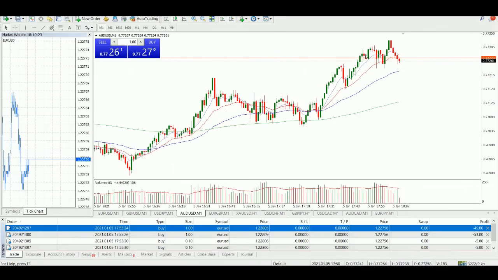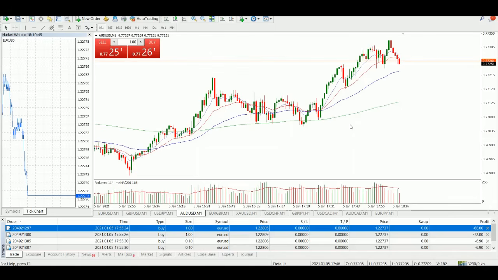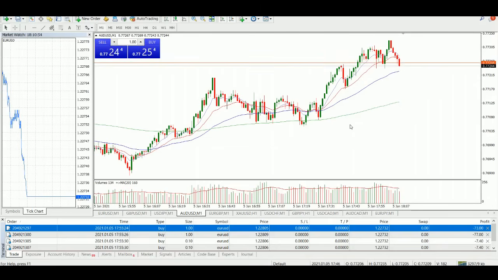AUD dollar also, at first it made a big up move, then retraced, and now here we are, up and retrace. We are always going up and then retracing, so we just wait for that to happen. It means the market, or buyers and sellers, the traders, are indecisive for the moment. They are indecisive, waiting for the price to move in a direction, to know more about the price.